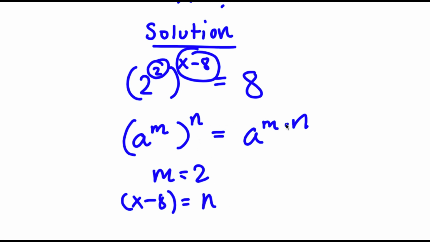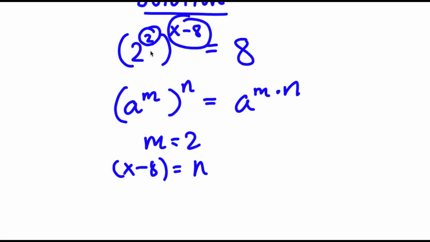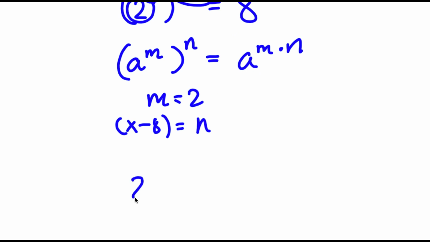So I can rewrite this as a^(m·n), or, since 2 is a, 2^((x-8)·2), and this is equal to 8.